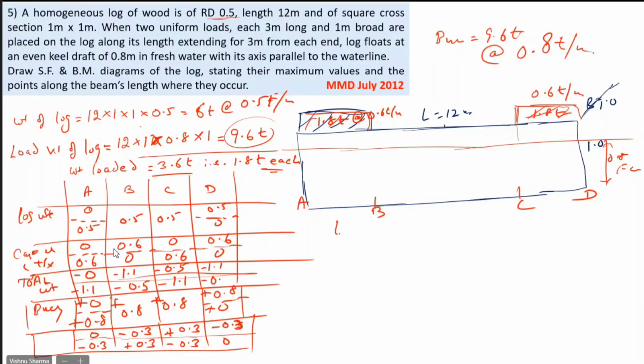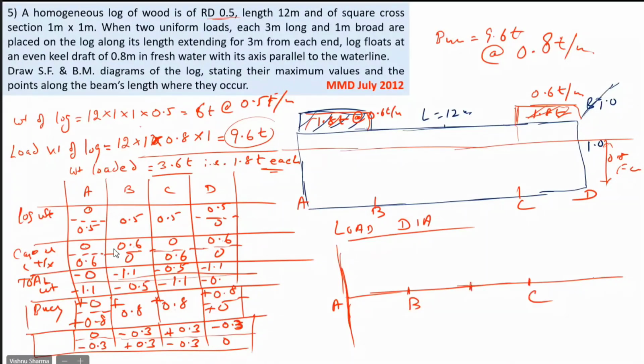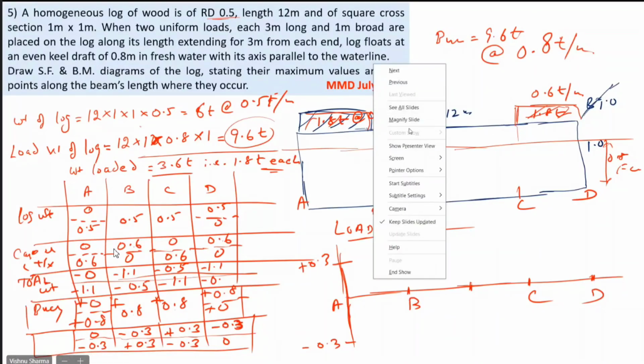The load diagram, I'll just draw the load diagram quickly and leave it for you to complete, and you'll see the load diagram shape is exactly like the one which we started off with today. A, B, we have not marked this point, then here is C and here is D. It's plus 0.3 and minus 0.3. From A, it goes to minus 0.3.